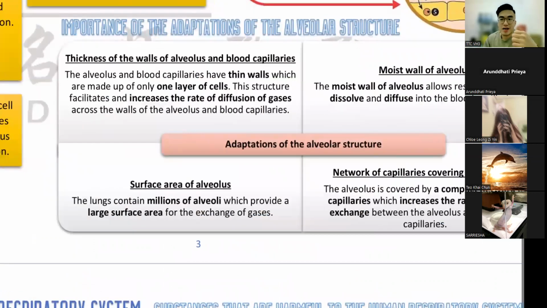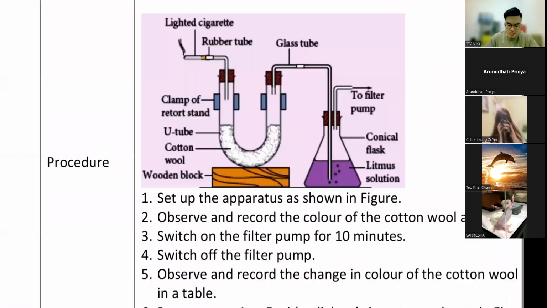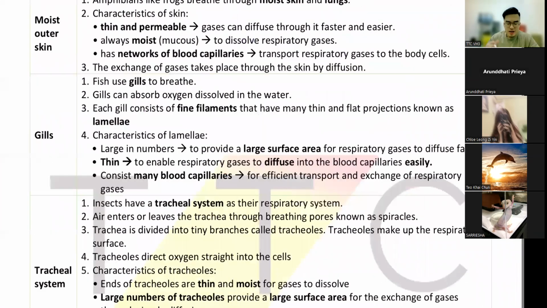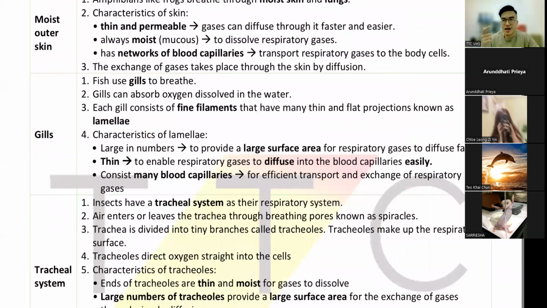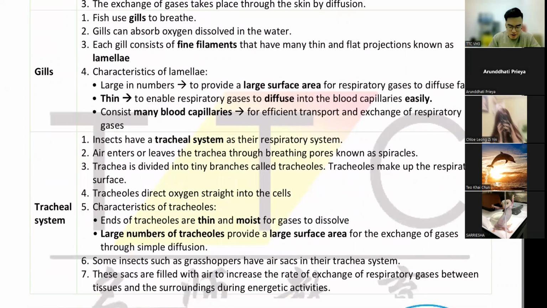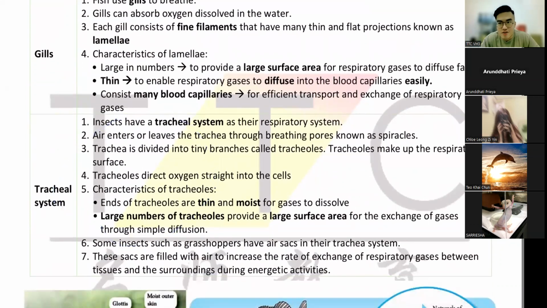Our alveolus are thin, moist, has a large surface area, and has a network of capillaries. Remember the 4? We will use the same thing in our frogs and fish and insects. Same thing: it is thin, moist, large surface area, and network of blood capillaries. But for insects, please don't write the capillary part, because insects have no capillaries.